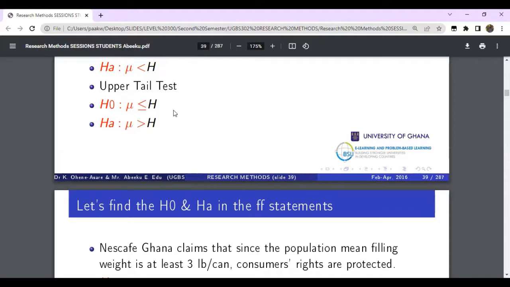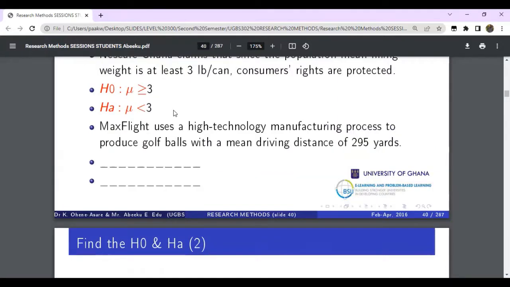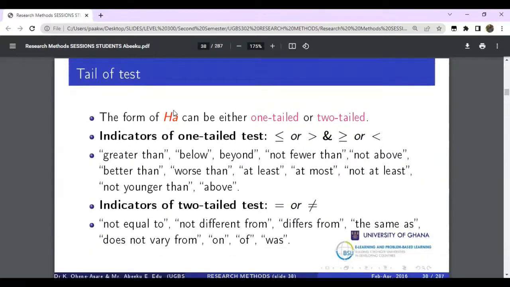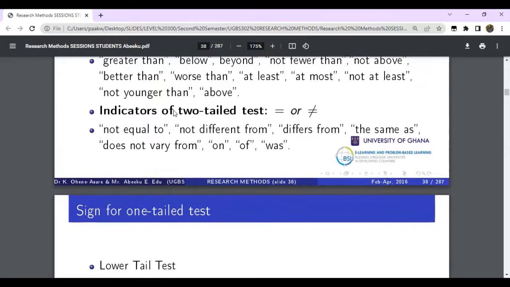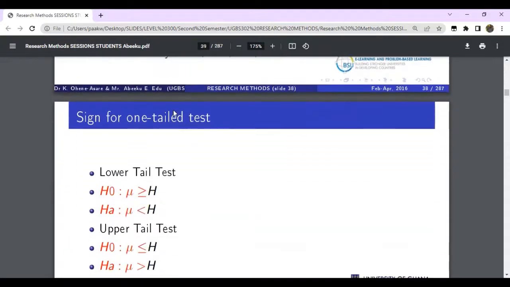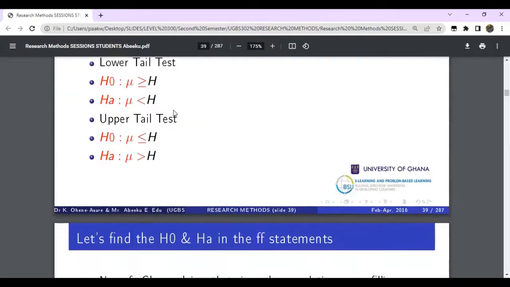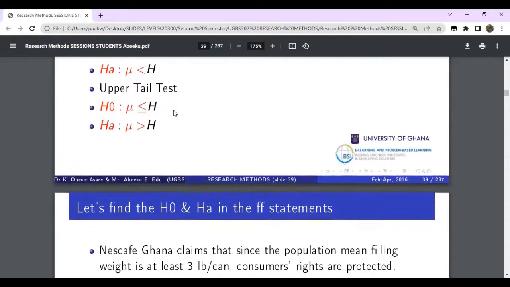Okay. So with this one, I give you some English words that relate to null and alternate. So which English words here relate to H0 or HA? I'm seeing at least. So where do you find that one?